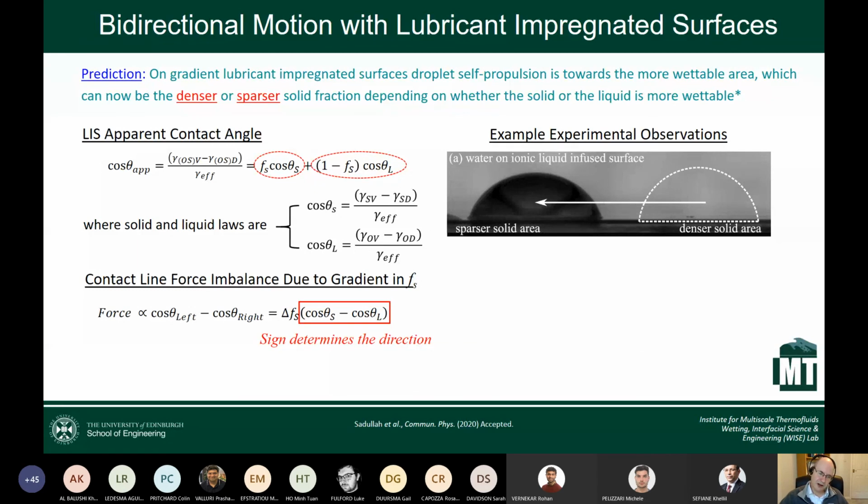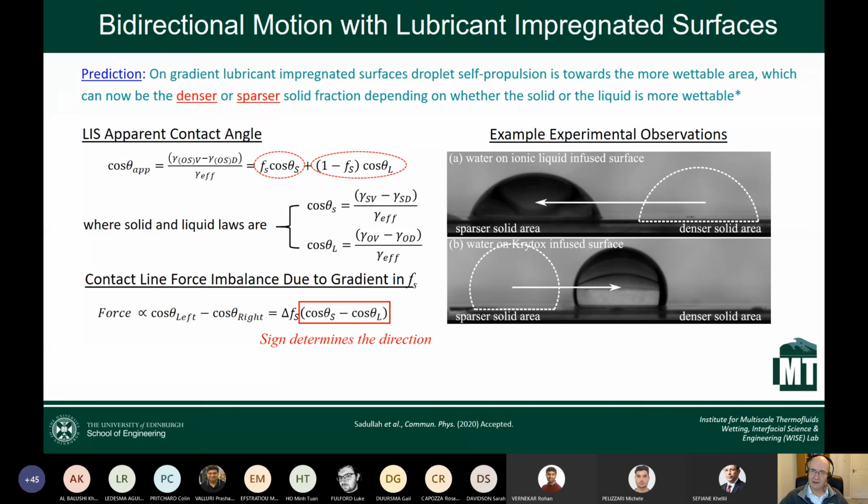According to the lubricant we have between the pillars, the droplet will either move from right to left or left to right. In one case we have an ionic liquid, in the other case we have something called Krytox as the lubricant within the surface, and the droplet will self-propel from one side to the other. And so we can make bidirectional motion.